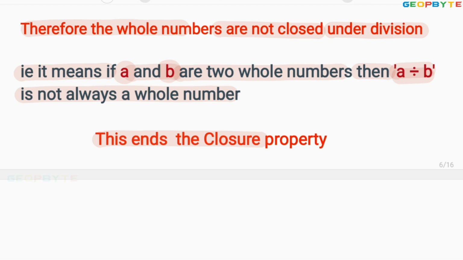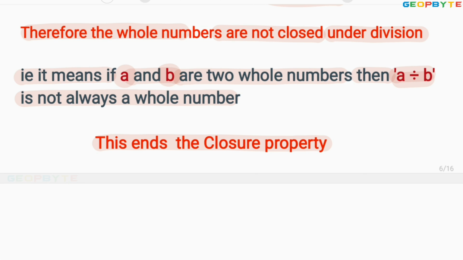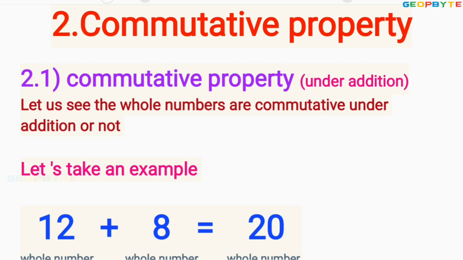This ends the closure property. Dear children, I hope all of you clearly understood about the closure property. Now let us move towards the commutative property.